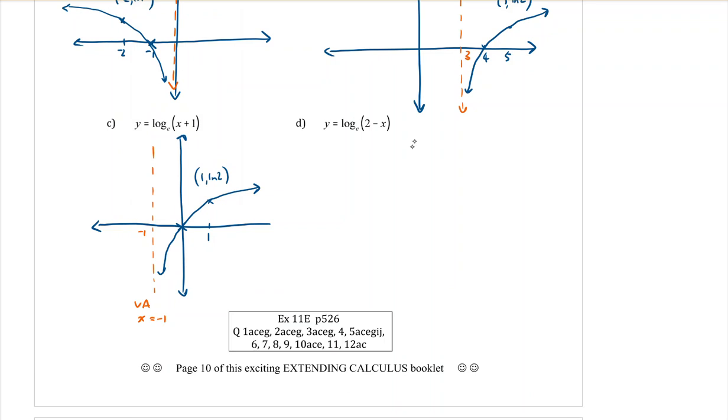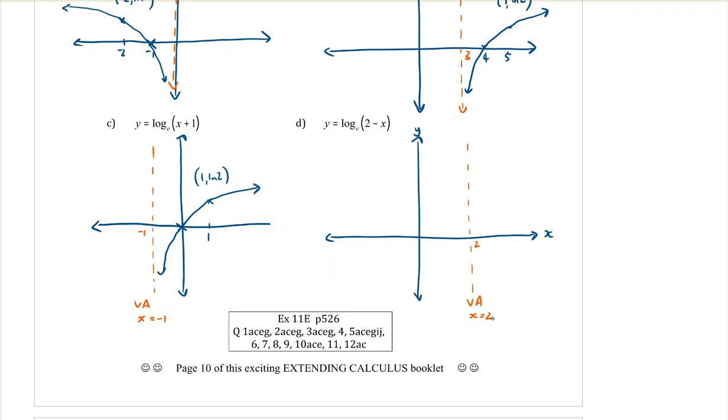The minus sign is on the x, which means that my graph is going to be reflected across. It's going to be going the other direction. So positive 2 for the asymptote. Vertical asymptote x equals 2.